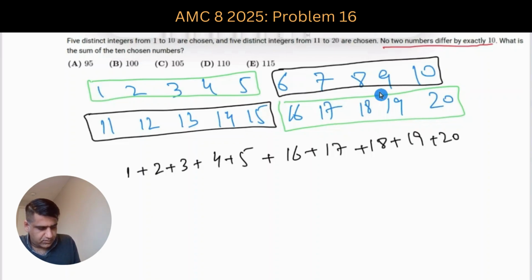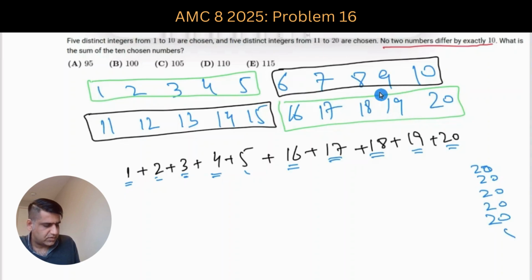We have 20 already here, and if you take this 19 and 1, that will also give you 20. You take this 18 and 2, that is another 20. 17 and 3 is another 20. And then we have 16 and 4, another 20. And then we can write 5 as it is. And the sum is 105. So the answer is C.